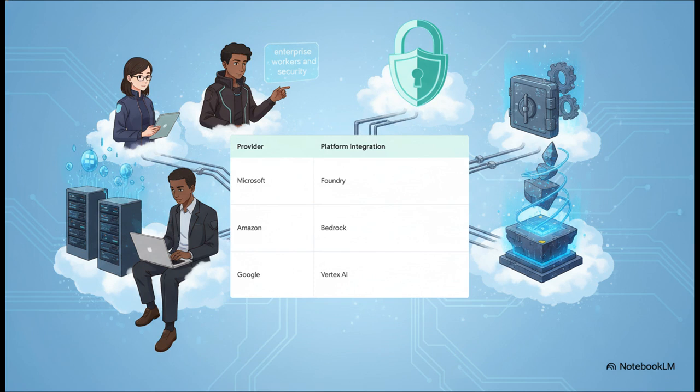You connect directly using the credentials from your preferred enterprise cloud platform, whether that happens to be Microsoft Foundry, Amazon Bedrock, or Google Cloud Vertex AI. And this is huge because it means your sensitive corporate data never, ever leaves your secure perimeter. It is absolutely not being used to train any public AI models. Everything stays completely locked down in the exact environment your IT team already trusts.